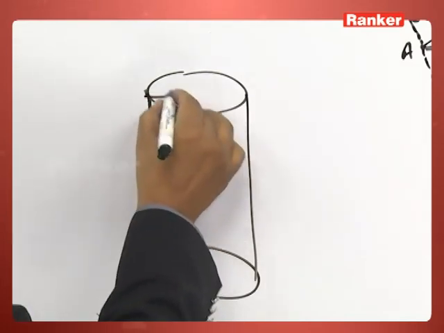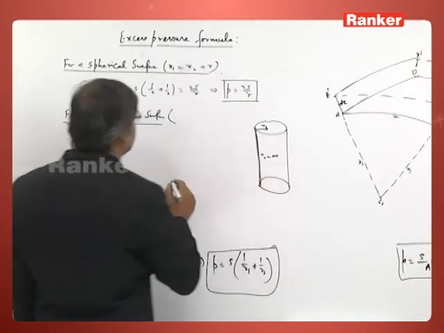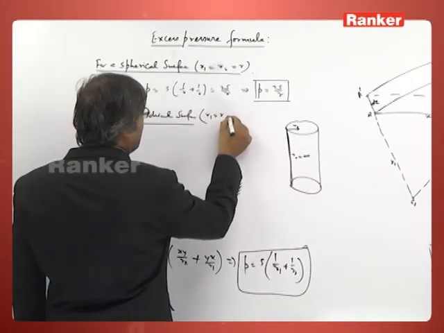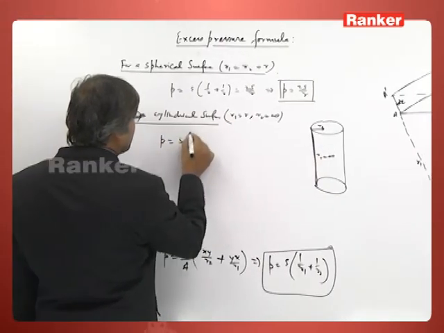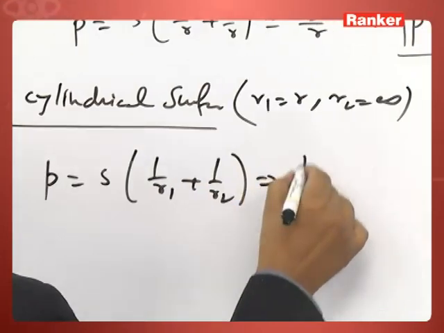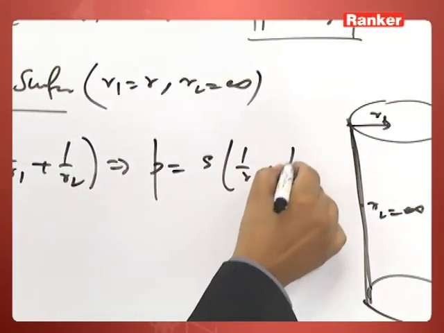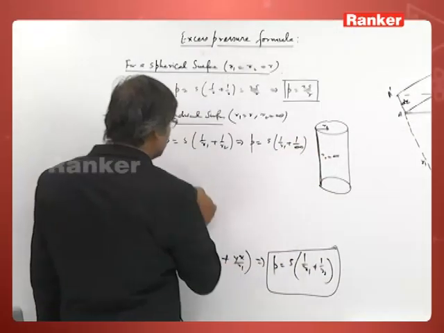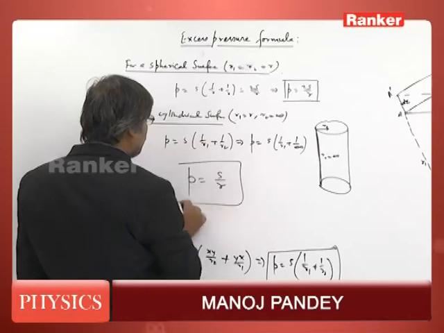So one radius is R1 and the other radius R2 is infinity. So R1 is equal to R and R2 is equal to infinity. The excess pressure formula becomes S times (1 by R1 plus 1 by infinity), that is 0. So the excess pressure formula is S by R for a cylinder.